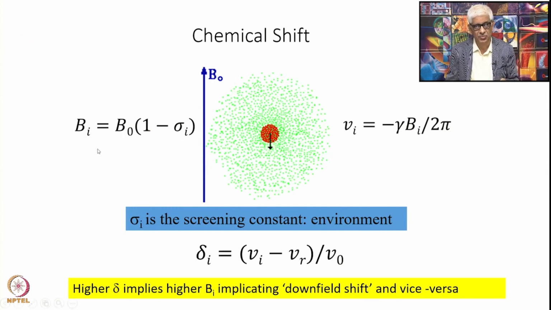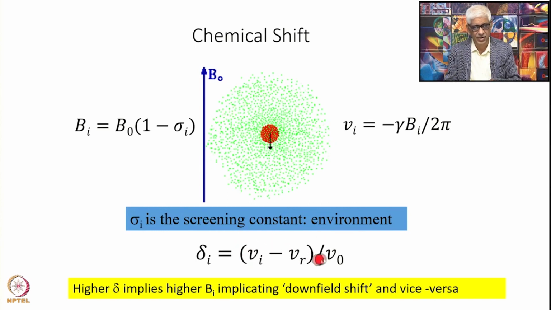Now this depends upon the magnetic field strength. Since we want to characterize only the screening, or the electronic environment around a nucleus, we define delta i equal to nu i minus nu R divided by nu naught. Nu R is the frequency of a reference compound; you measure absorption frequencies with respect to a particular line of the reference compound.